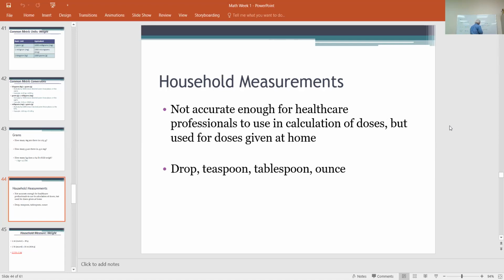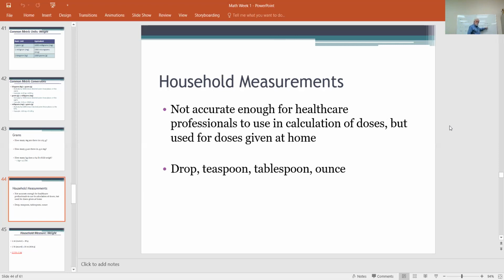Okay? So if we want to convert a number of grams to milligrams, we multiply by 1,000. So if something says 2.5 grams, 2.5 times 1,000 is 2,500 milligrams. We want to go to micro from there. We again multiply by 1,000.